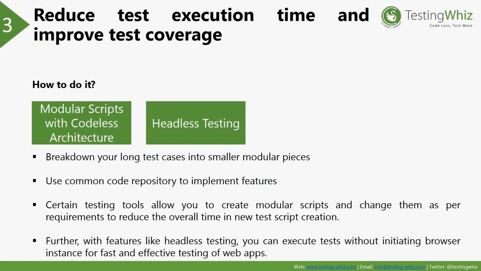You can further break it down into more modular pieces, and if time allows and your team allows you to do that, I would insist that you do that. A further example can be breaking down my login test script into two or three different scripts.